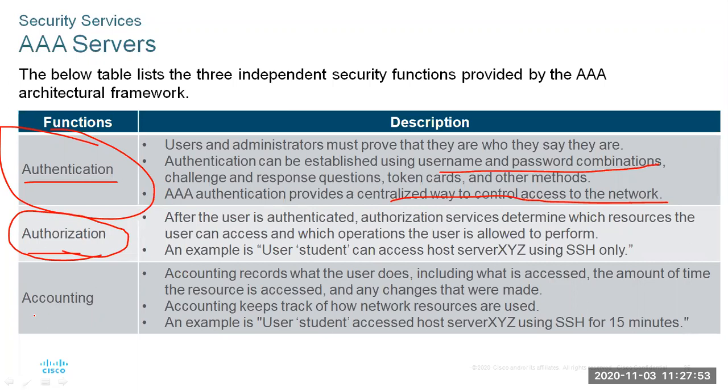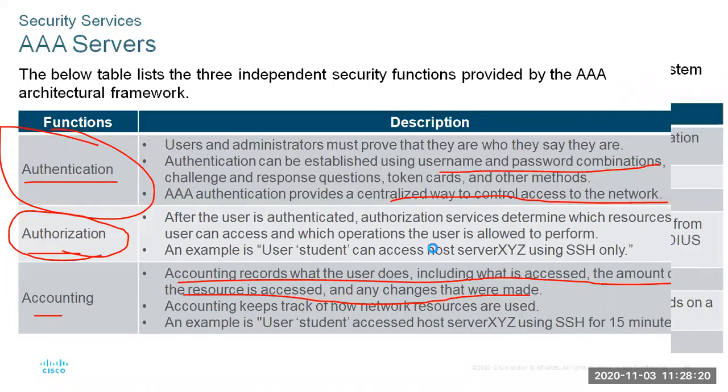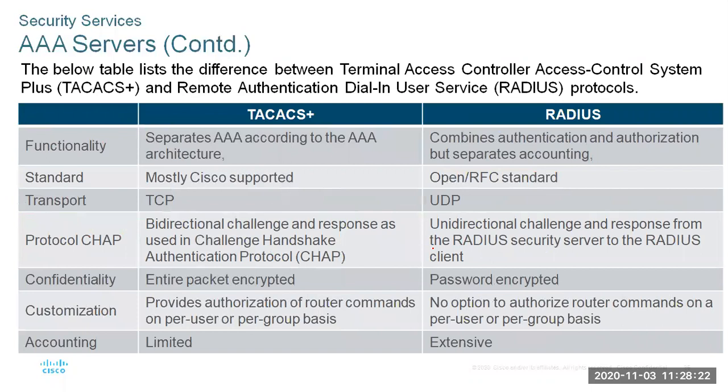And then the accounting aspect keeps records of what the user does, including what he or she accessed, the amount of time the resources were accessed, and any changes that were made. So accounting keeps track of how network resources are used. An example is a user, student, accessing host XYZ using SSH for 15 minutes.